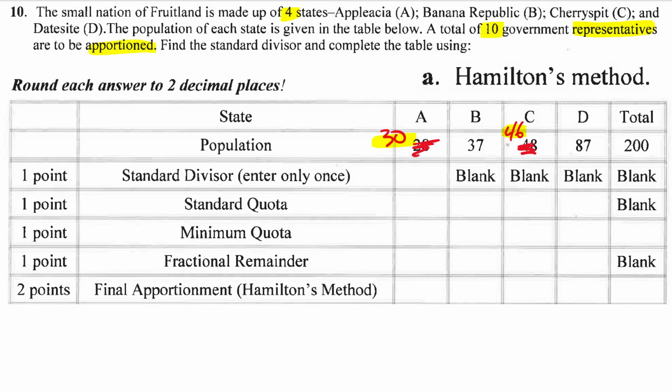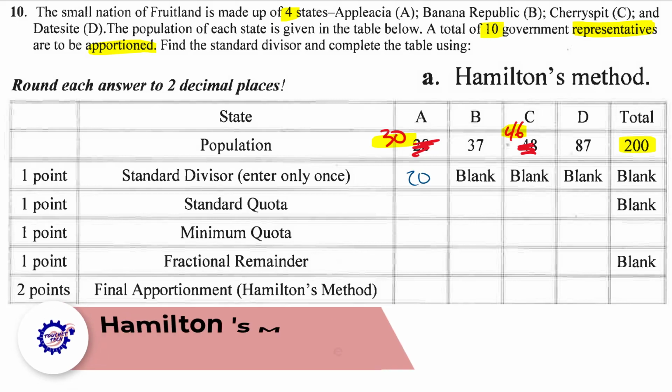So the first thing we've got to do is take our population, and we're going to take our standard divisor. That's going to be equal to the population divided by the number of representatives that we have. So that's the 200 and the 10, and we end up with a nice 20 for our standard divisor.